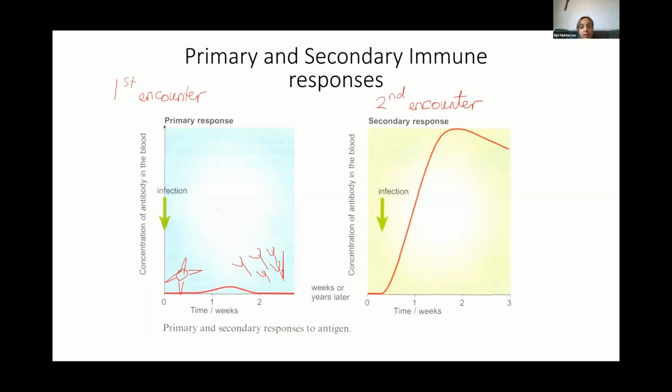This means that the second time your body sees the same shape, you can be ready for it. You already have recognized the padlock from the last time. You already have your memory cells making a whole load of antibodies so quickly the second time that you see it. Okay, you'll be ready for it the second time.